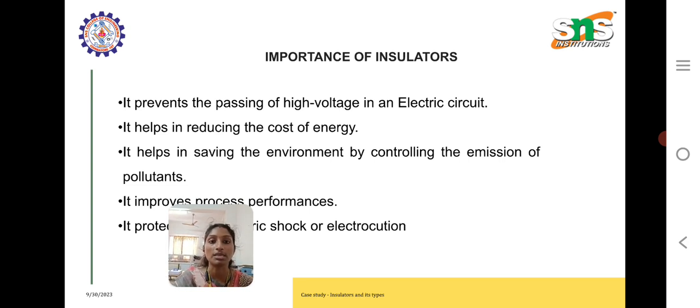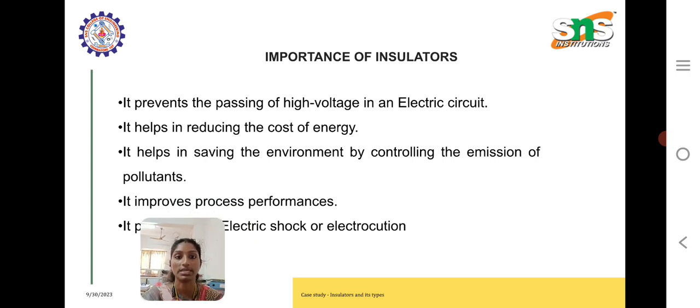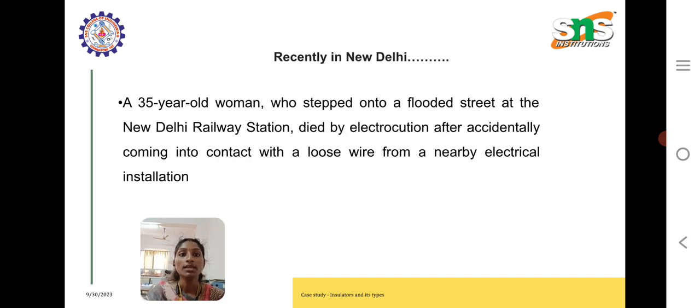So this is the main importance of why insulators are to be used in a transmission line or a distribution line. Recently in New Delhi, last month, a 35-year-old woman who stepped down onto the flooded street at the New Delhi station died by electrocution after accidentally coming into contact with a loose wire from a nearby electrical installation.